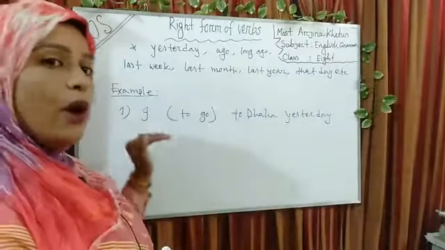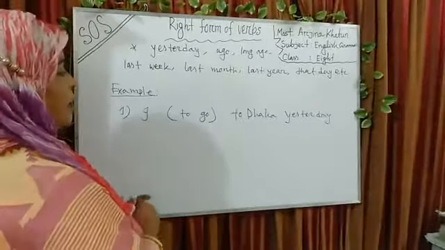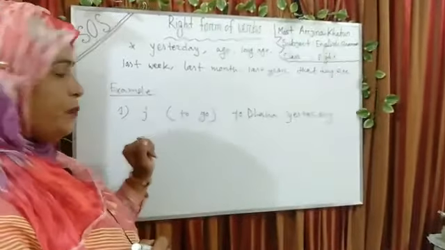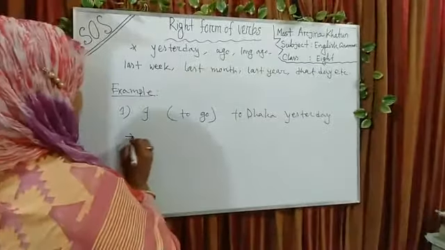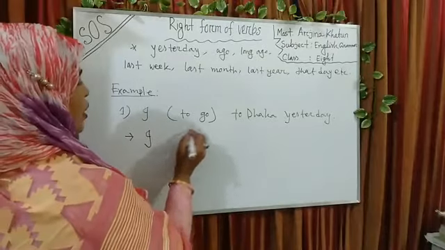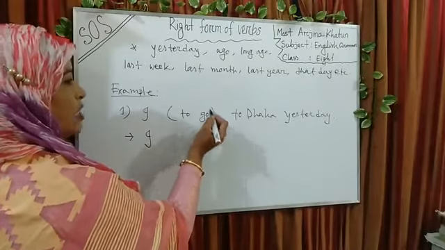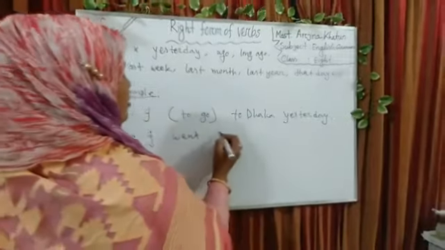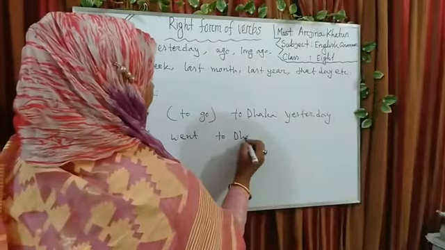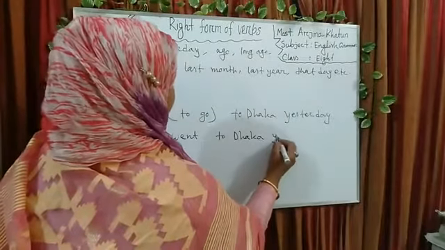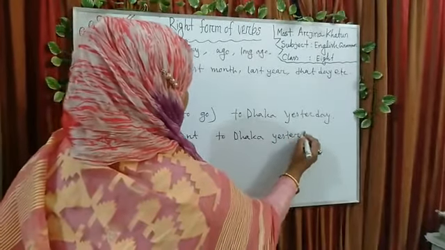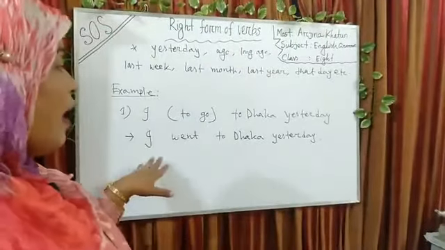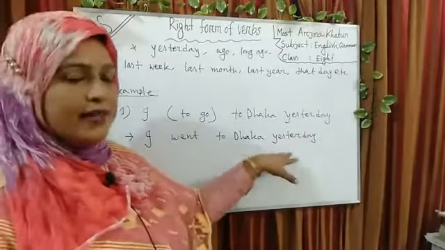This sentence is obviously past indefinite, and past indefinite's verb is the past form. The past form of go is went. I went to Dhaka yesterday. Dear learners, I went to Dhaka yesterday.